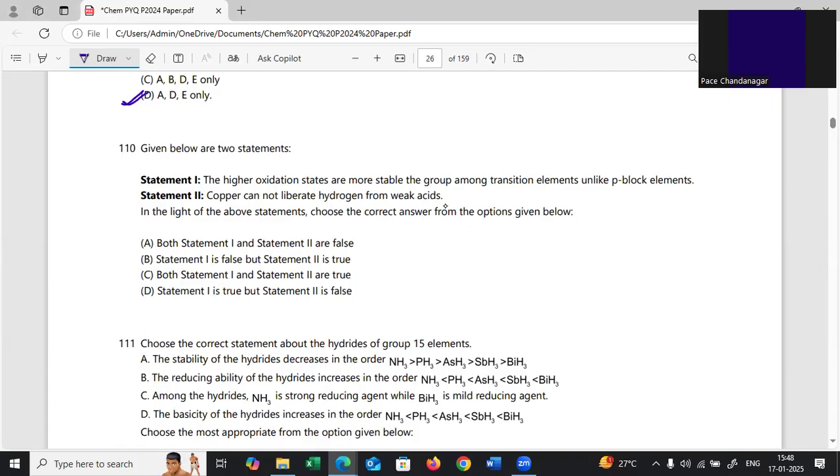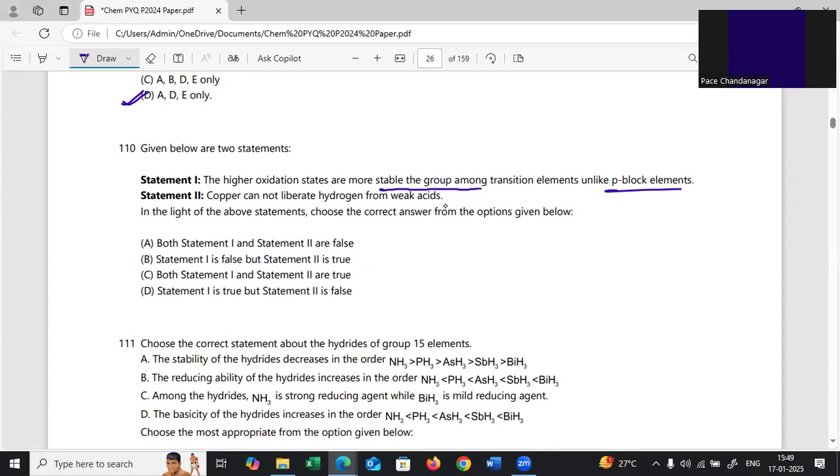As we move down, stability increases as the oxidation state increases, due to the increase in the effective nuclear charge.